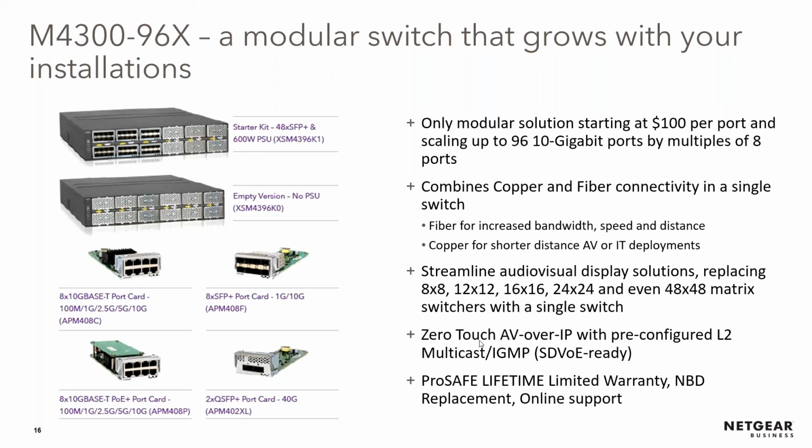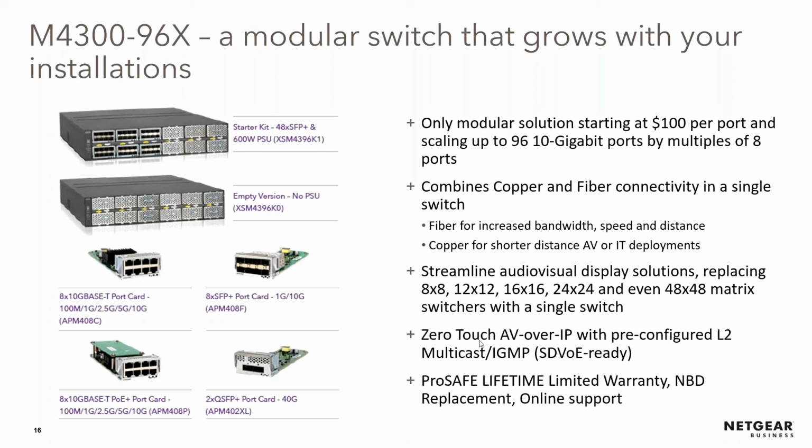So the 4 modules that we currently have today are 8-port multi-speed copper. So we can do 100 megabit, 1 gig, 2.5, 5 gig, and 10 gig. And so any speed of a device that you put in, it will automatically adjust to that speed, and you're good to go.